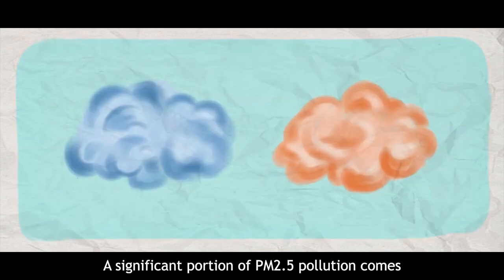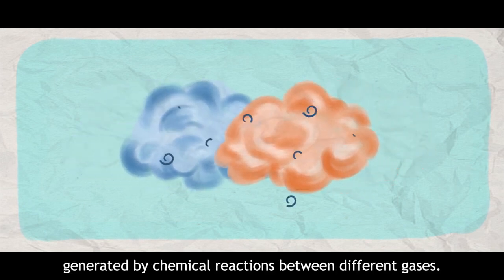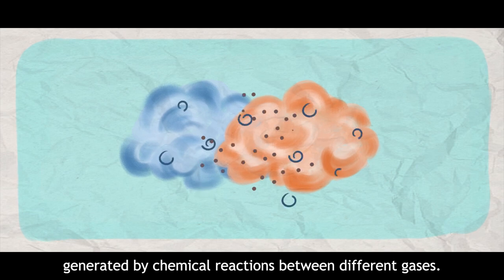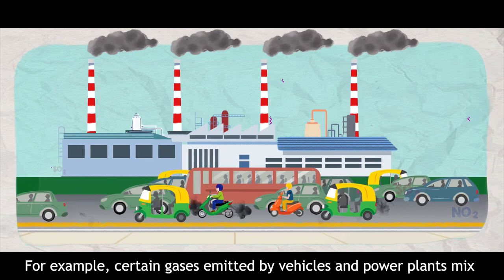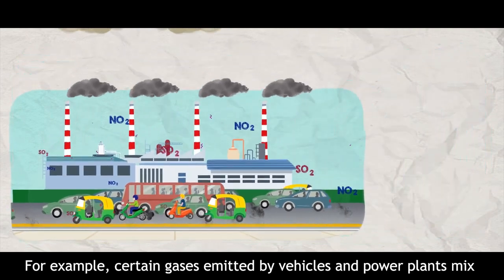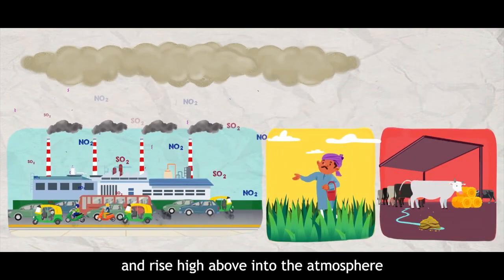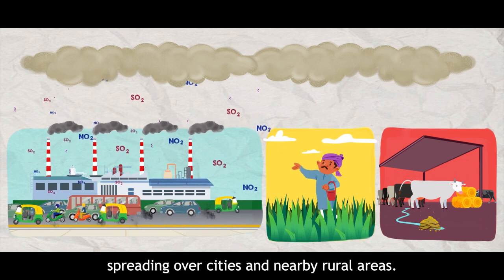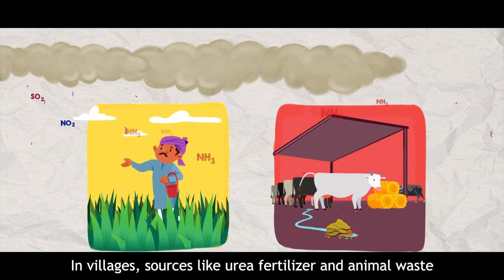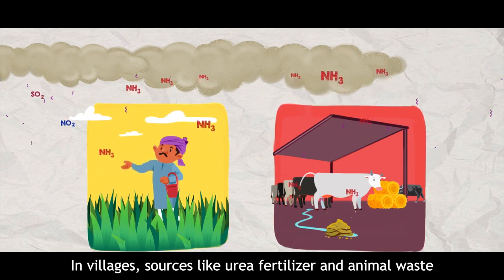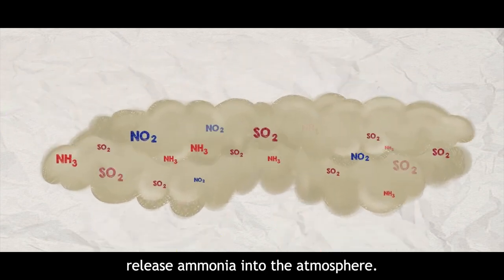A significant portion of PM 2.5 pollution comes from secondary sources generated by chemical reactions between different gases. For example, certain gases emitted by vehicles and power plants mix and rise high above into the atmosphere, spreading over cities and nearby rural areas. In villages, sources like urea fertilizer and animal waste release ammonia into the atmosphere.